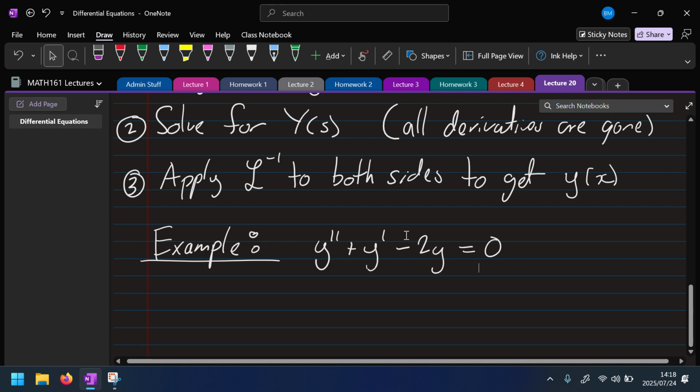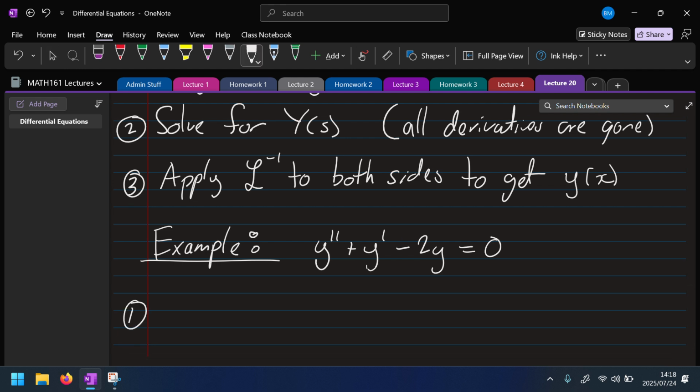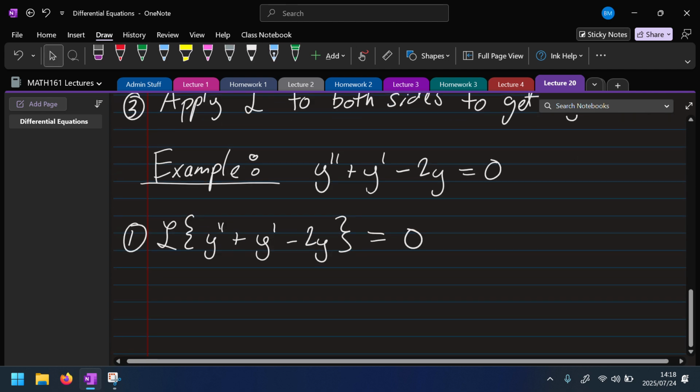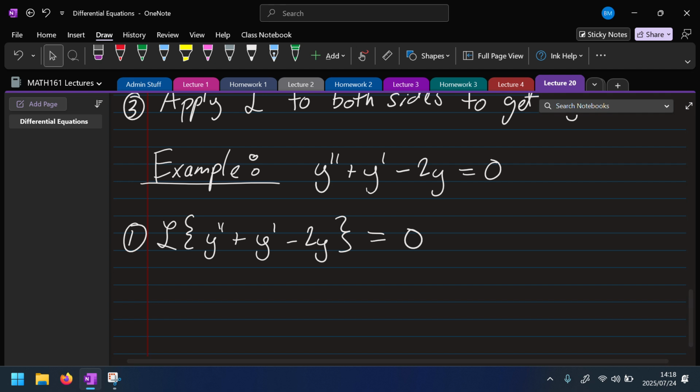Okay, so let's go through the steps. Number 1, we're going to apply the Laplace transform to the left-hand side and the right-hand side. Since the right-hand side is 0, we still get 0. Now we know the Laplace transform is linear, so we can do it on each of the terms individually.